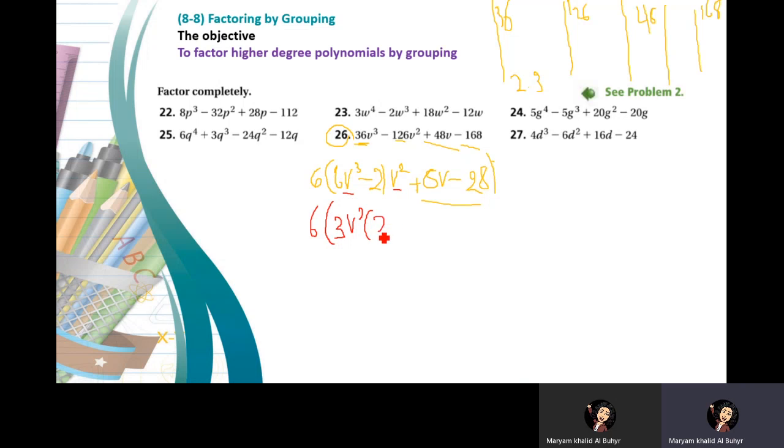So here the remaining is 2v minus 21. If you took 3, the remaining is 7, isn't it? Plus, the common between them is 4. So that is 4 inside 2v minus 7. That's it.